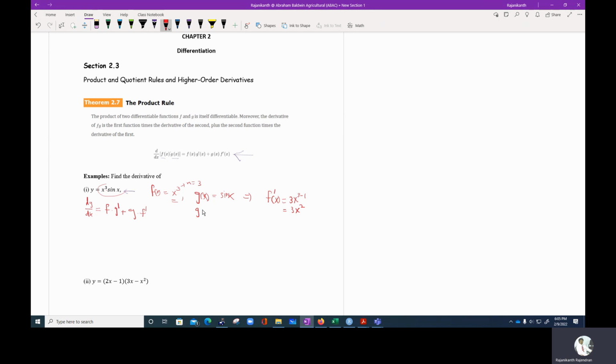Then how about the derivative of the trigonometric function sine? Remember last time we went through that the derivative of sine is simply cosine x. So you know basically f prime and g prime, and you could simply plug in here.